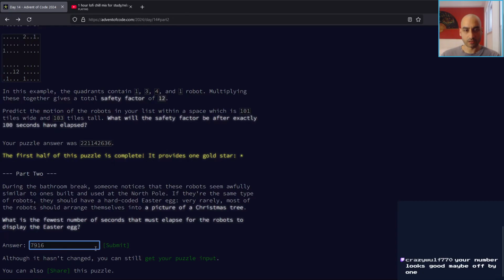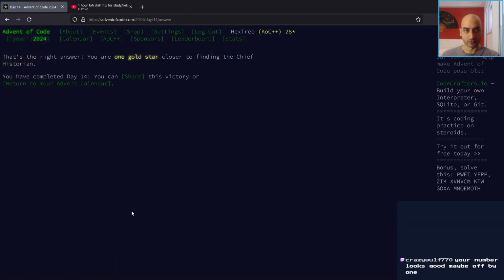So in theory, this Christmas tree would repeat itself, although the period will be massive, so I don't think you would ever... Or you can actually find the period, it's not too difficult.